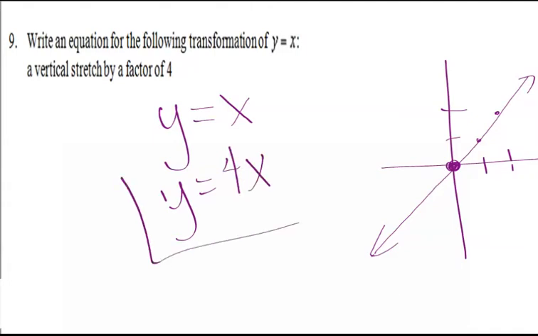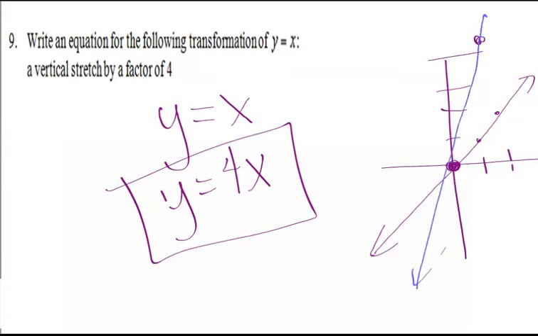So it's y equals 4x. So we have tilted our slope to rise 4, run 1. So our new line is going to do something like that. That would run through the origin, and that's what a vertical stretch does.